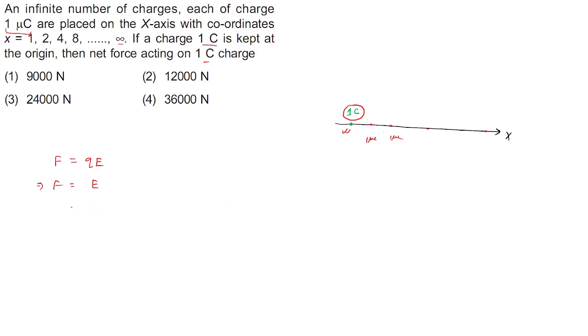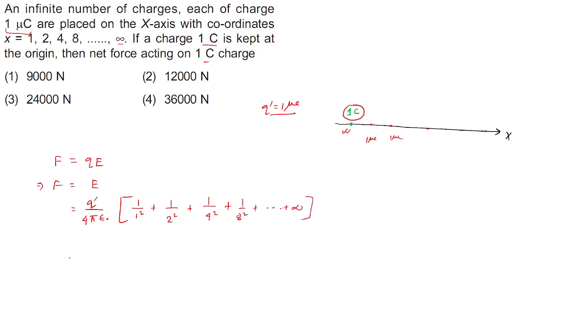So what will be the net electric field due to the charges? The value will be 1 by 4 pi epsilon naught times the charge. What is the value of the charge? Suppose q prime, and q prime is equal to 1 microcoulomb, and it is inversely proportional to the distance squared, that is 1 by 1 square, 1 by 2 square, 1 by 4 square, 1 by 8 square, dot dot dot up to infinity.